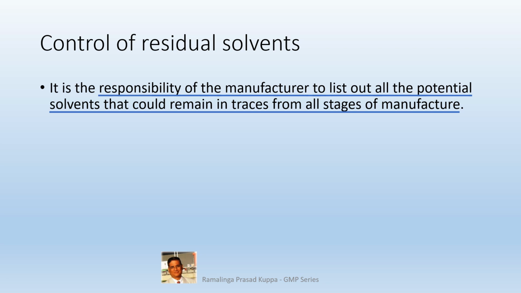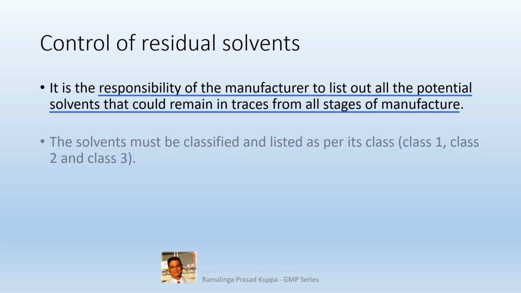It is required to list out all the solvents that are used in the entire process at various stages of intermediates. If the intermediate is outsourced, it is the responsibility of the manufacturer of API to provide information on the solvents that were used in that particular intermediate that was used in the manufacture of another intermediate or API process.